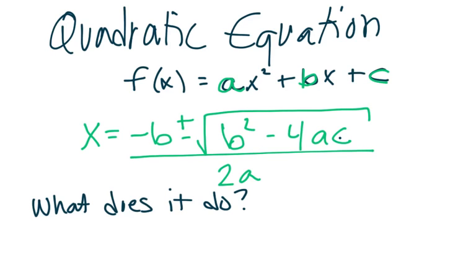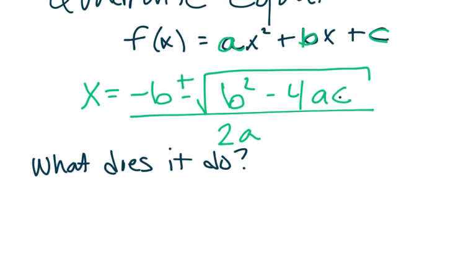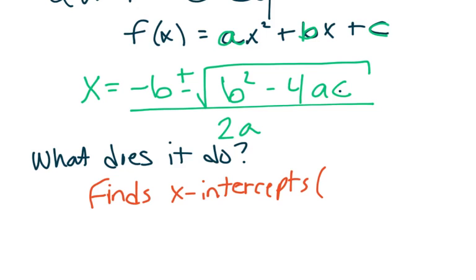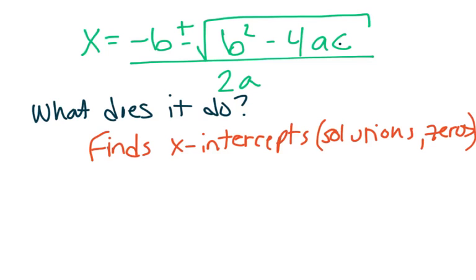So just in general, we want to remember, what does it do? It finds the zeros or x-intercepts or solutions or roots. And they're all the same word, but I like to think of them as x-intercepts. But remember that they also have names like solutions and zeros and roots, etc. Alright, other than what does it do, remember that we need to know why we would use it.